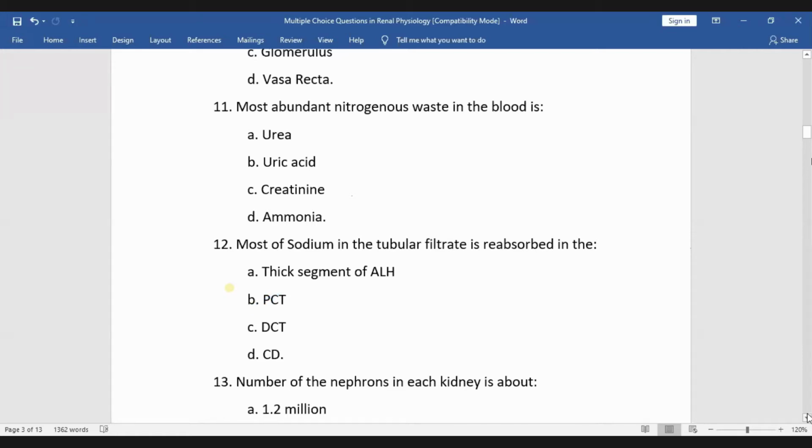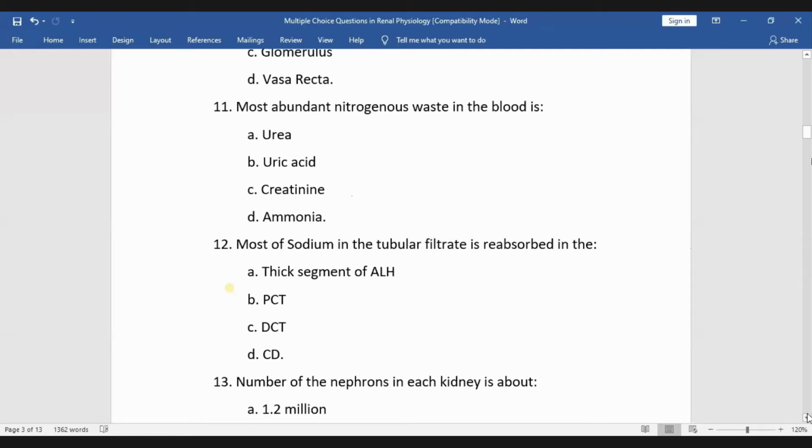In the PCT, what happens? The sodium is present in the tubular fluid, right? It can go inside the cell. How? Try to remember, at the apical or luminal end, it is passive diffusion. Why? Because there is a negativity created by the sodium-potassium ATPase pump.